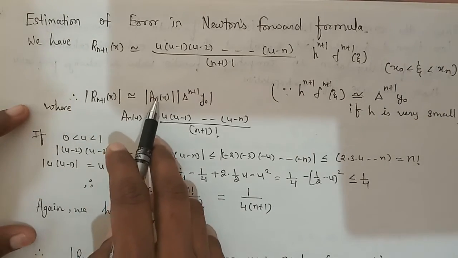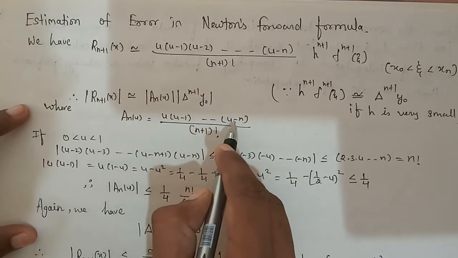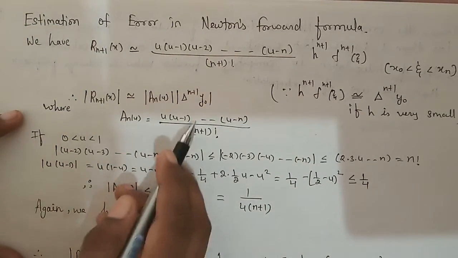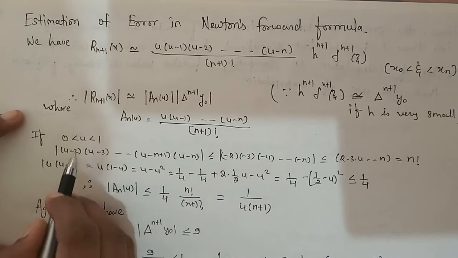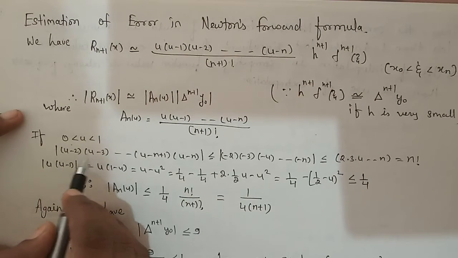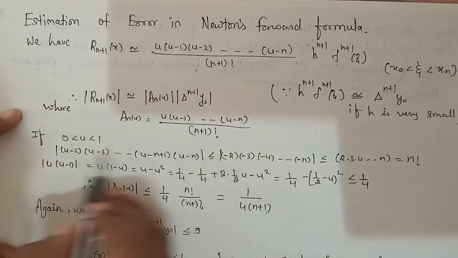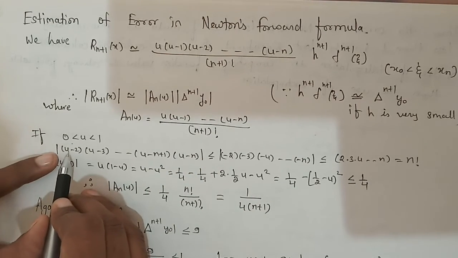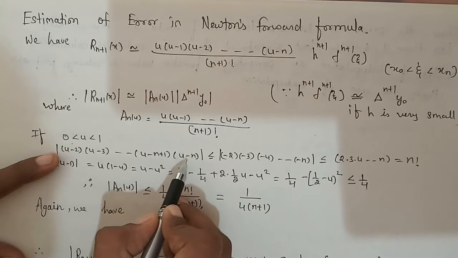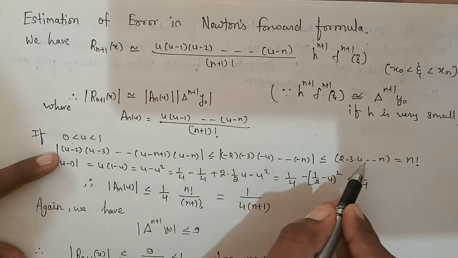Now we denote this entire function as A(u), which is nothing but u(u minus 1) up to (u minus n) upon (n+1) factorial. Now we have to find the value of this function A(u). If u lies between 0 and 1, then the modulus of (u minus 2)(u minus 3) up to (u minus n) is less than or equal to, if I write u as 0, 2 times 3 times 4 up to n.